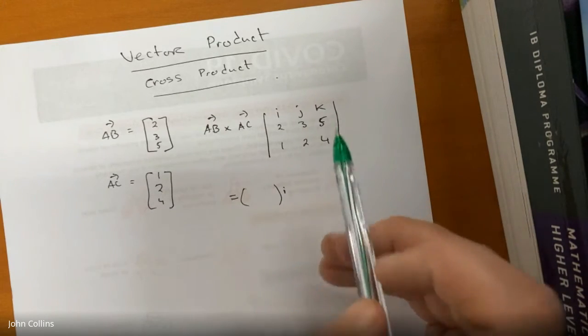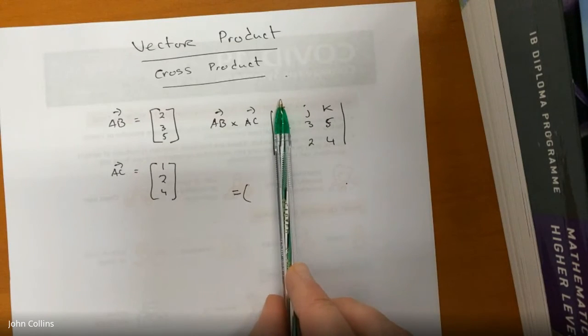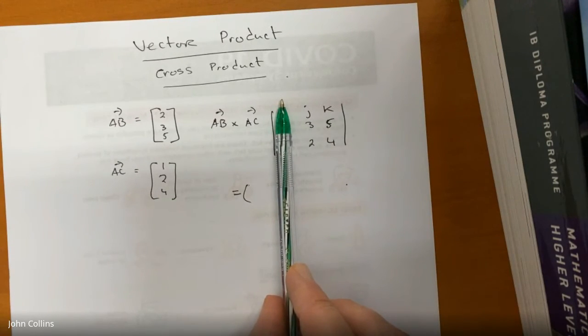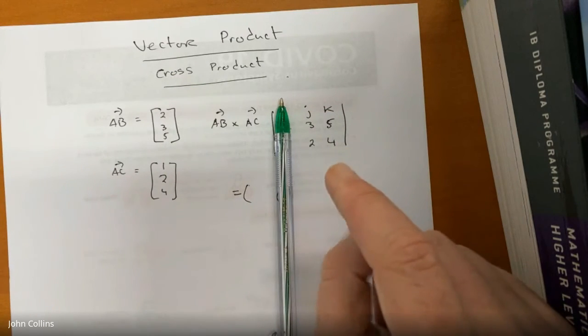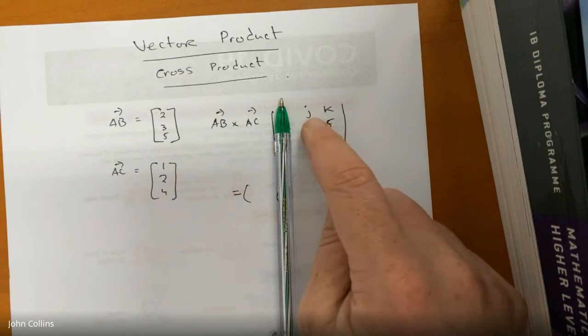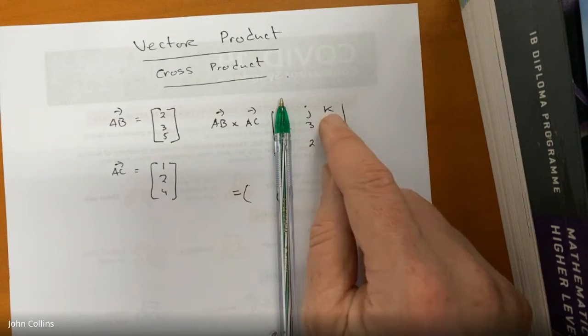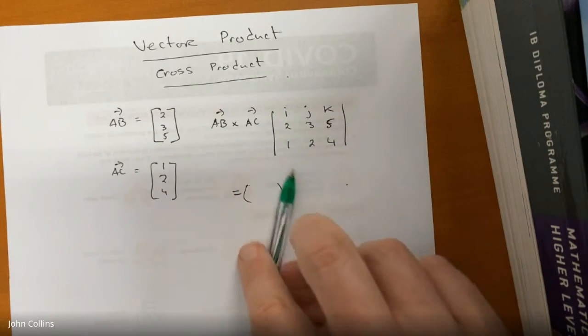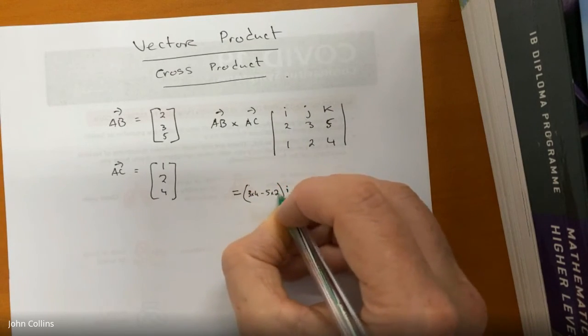So for i, you may remember this, you kind of cross out the i column, and then you just look at the cross multiplication, so cross product of the other 2. So it'll be 3 times 4 minus 5 times 2. And that's the process that always happens. 3 times 4, take away 5 times 2.